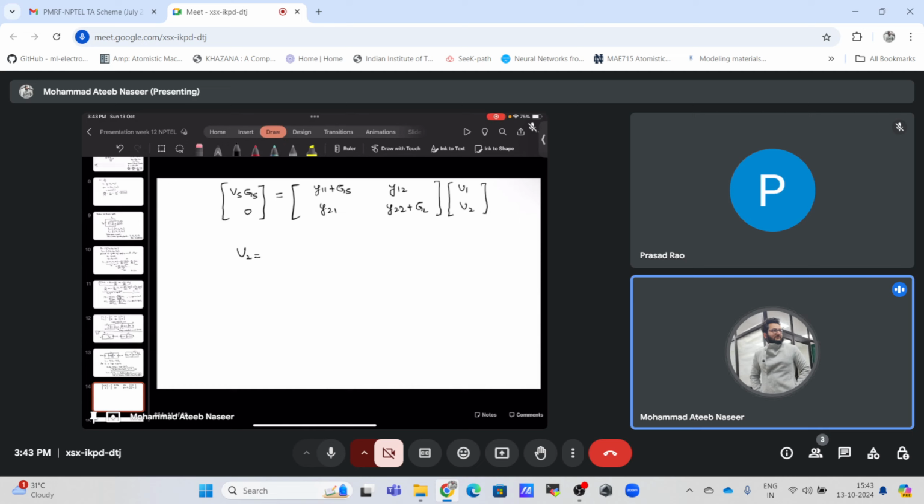Now let us do some mathematical representation and get the value of V2. You must have heard about solving these matrices by using Cramer's rule.